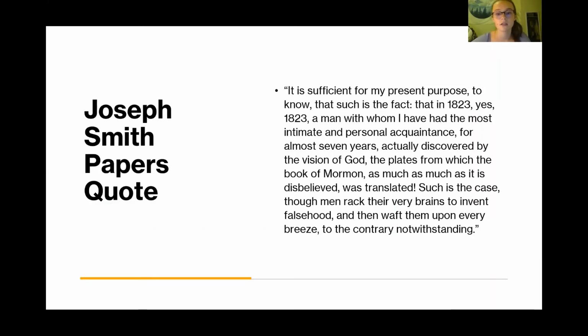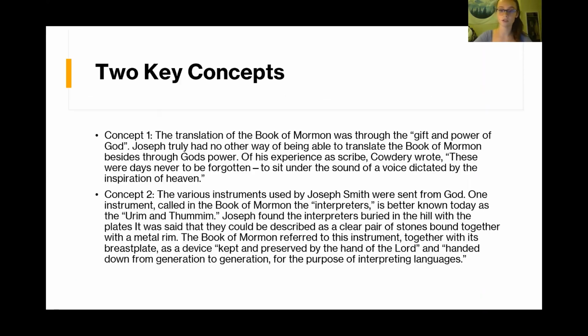Such in this case, though men rack their brains to invent falsehood and then waft them upon every breeze, to contrary notwithstanding." So this is his testifying that Joseph really did find the plates and was the one that translated them. If you read more beside this quote, it goes more in depth about what Oliver Cowdery knew about the translation.